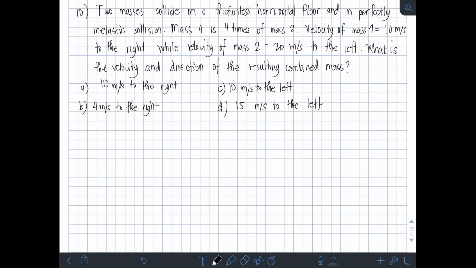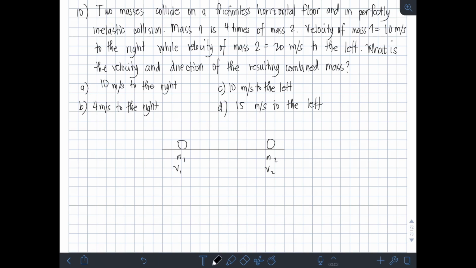What is the velocity and direction of the resulting combined mass? Okay, so this is an example of conservation of momentum. So, let's draw. Let's say we have a frictionless horizontal floor. We have two masses or bodies, let's say mass 1 and mass 2. They also have corresponding initial velocity 1 and initial velocity 2.